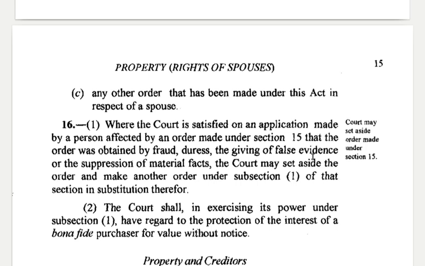Where the court is satisfied on an application made by a person affected by an order made under section 15 that the order was obtained by fraud, by duress, or the giving of false evidence or the suppression of material facts, the court may set aside the order and make another order under subsection 1 of that section in substitution.